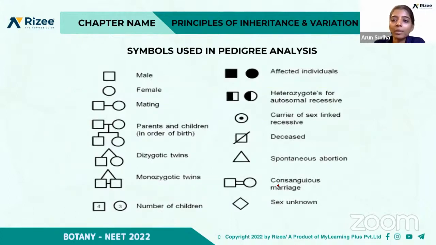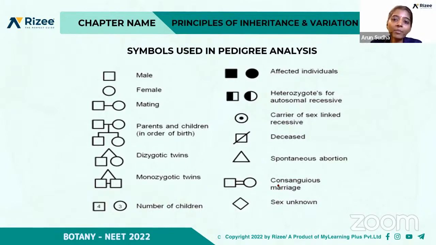So these are the symbols that are used in pedigree analysis. There must be a common format to make a pedigree or family tree. Because it is universal, by seeing the pedigree chart, everybody can know who is affected in that particular family, like how many males or females.